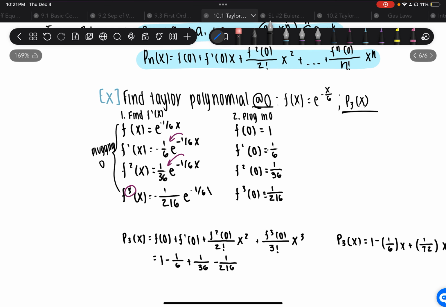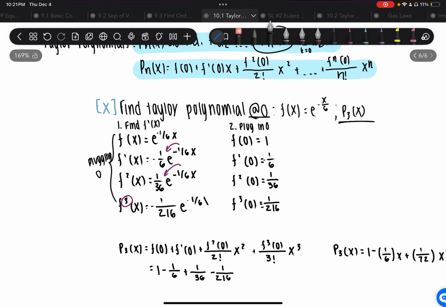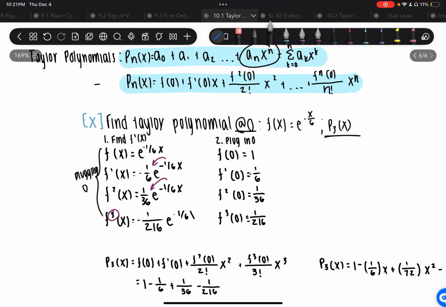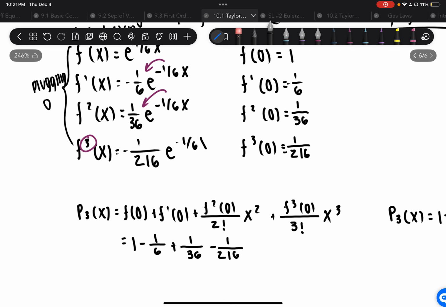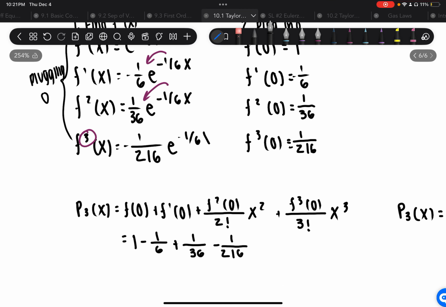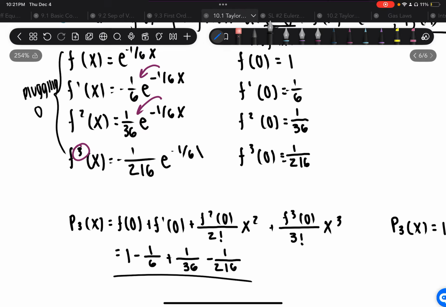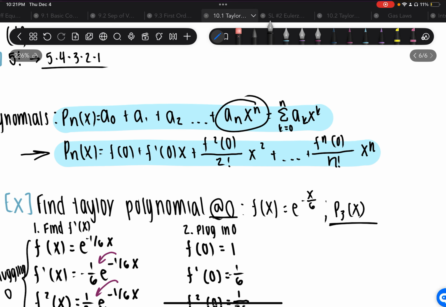Okay, now our third step, we are going to be looking at this second formula right here. For our third step, that is where we are going to be finding our coefficients for our polynomial equation, which up here is f of 0 plus f prime of 0 x plus f2 of 0 over 2 factorial x squared, and so on.